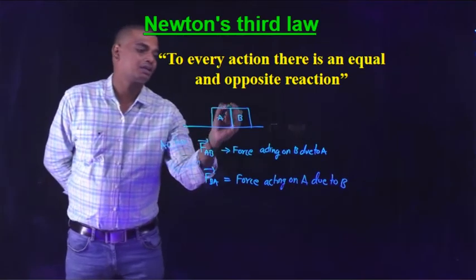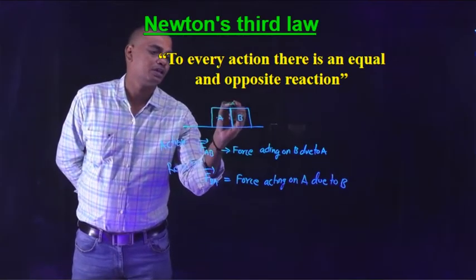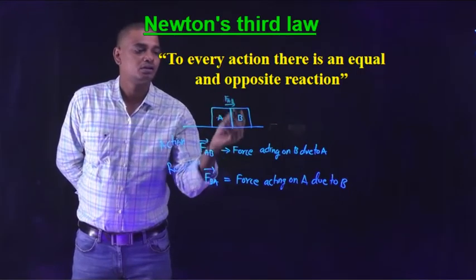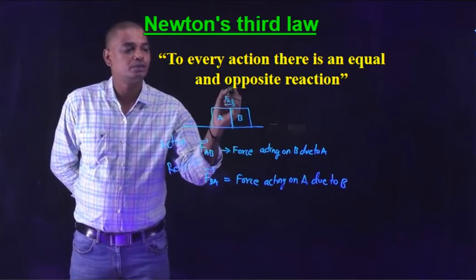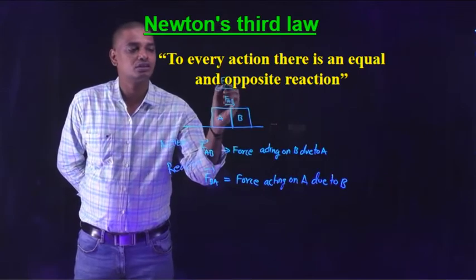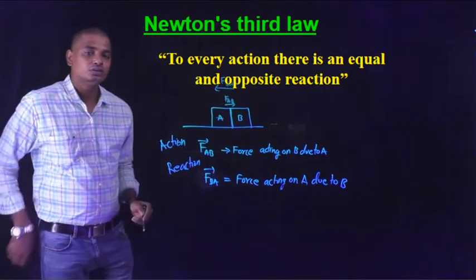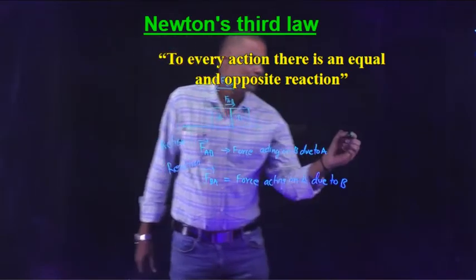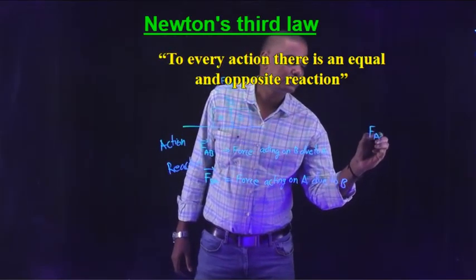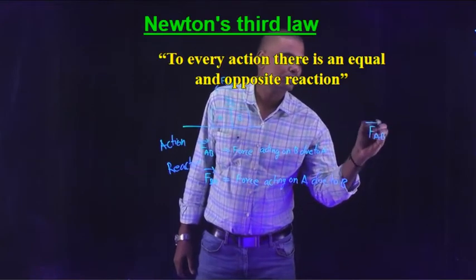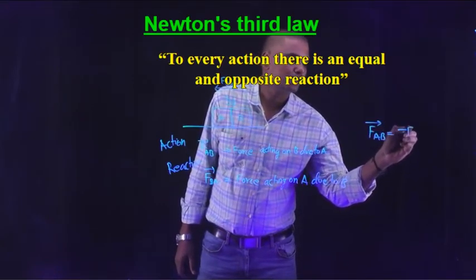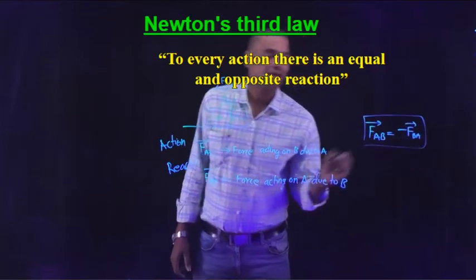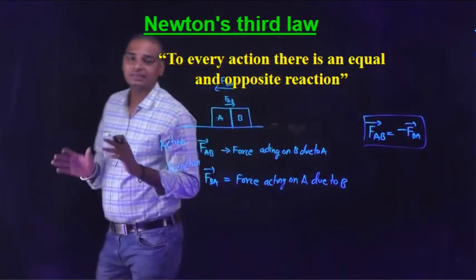So the force acting on block B due to A is in this direction, F_AB, and the force acting on block A due to B, that is F_BA, is in this direction. According to Newton's third law, for every action there is an equal and opposite reaction. Therefore, F_AB vector is equal to minus F_BA vector. They are equal in magnitude but opposite in direction.